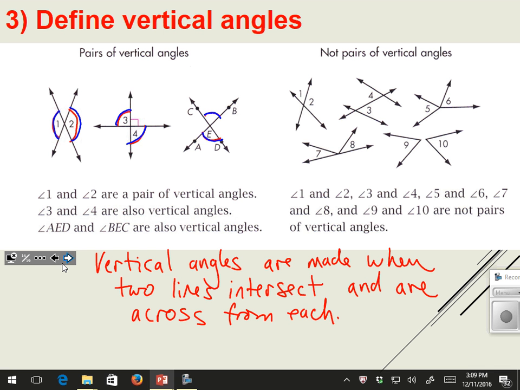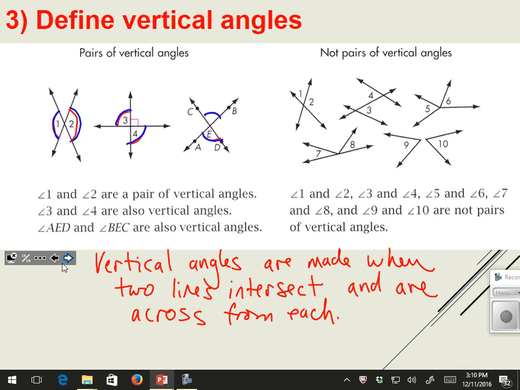What special thing would you guys assume about vertical angles? Do they add up to 90 degrees? No. Are they supplementary? Not all the time. So what's the special thing about vertical angles? Let's look at angle 1 and 2.